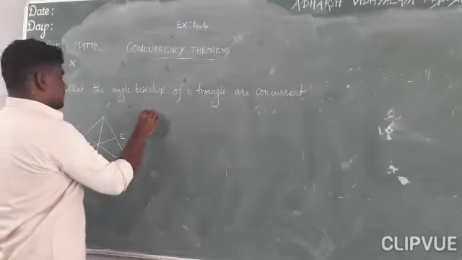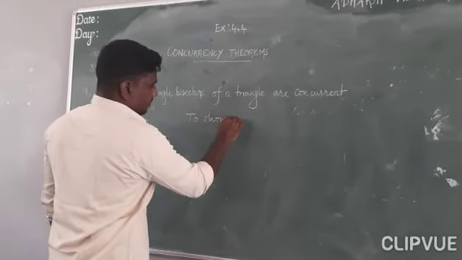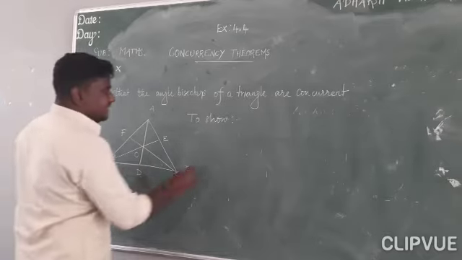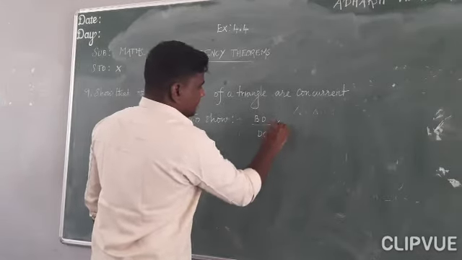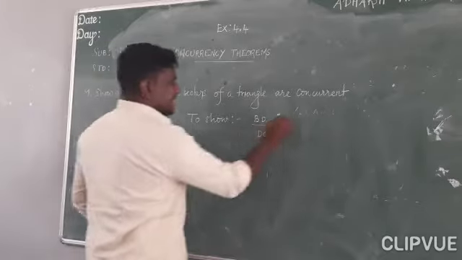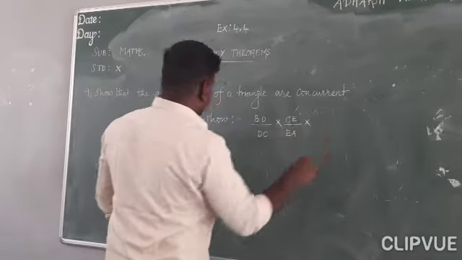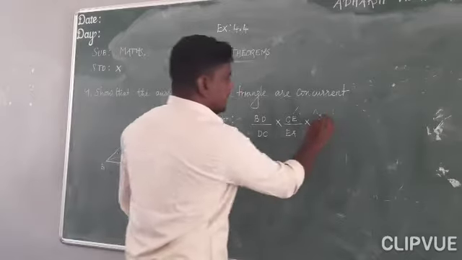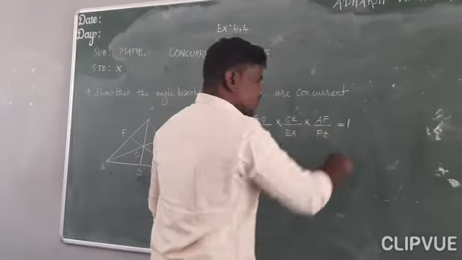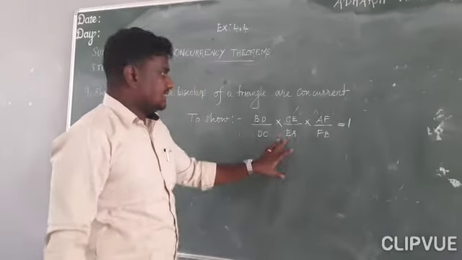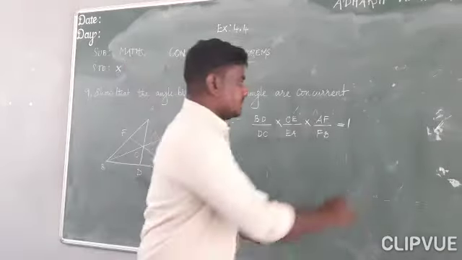So to show BD by DC into CE by EA into AF by FB equal to 1. If it satisfies this condition, we can say the angle bisectors of a triangle are concurrent.